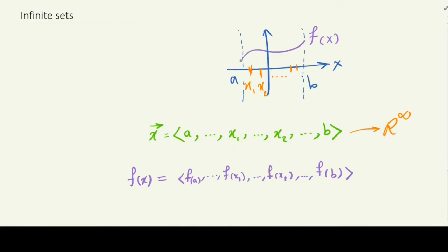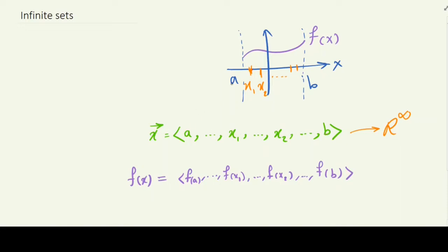So if you have a function like f of x defined on the interval a to b, you can represent this function in a vector fashion, in an infinite dimensional space. The way that it works is that you can look at the interval a to b and represent that using a vector with infinite coordinates.